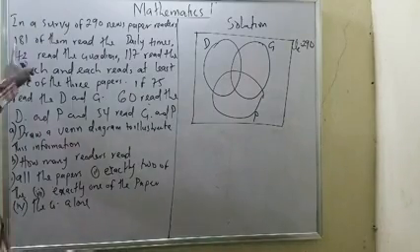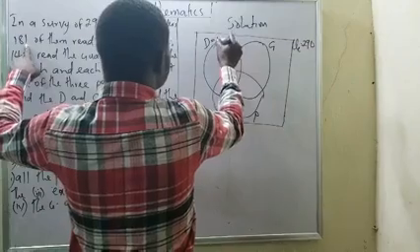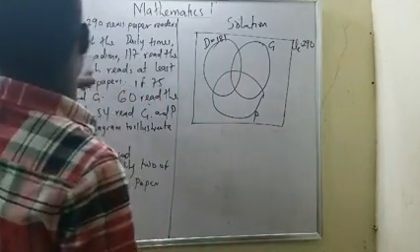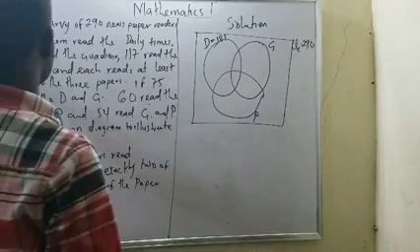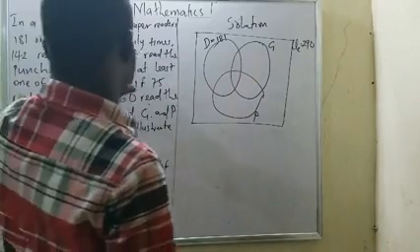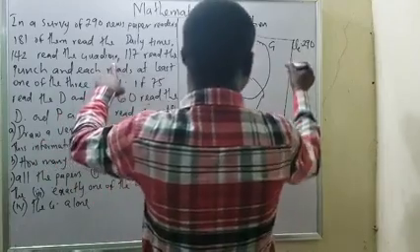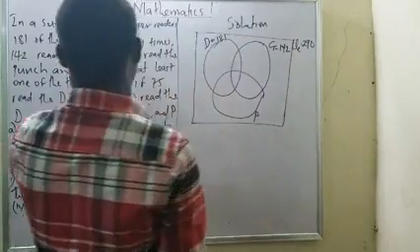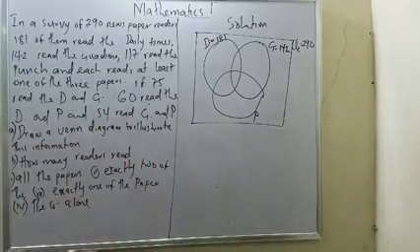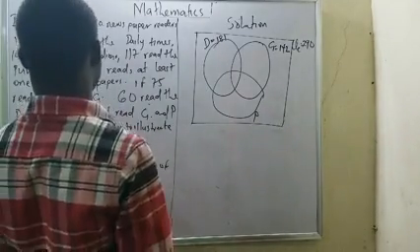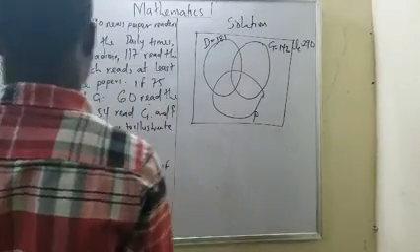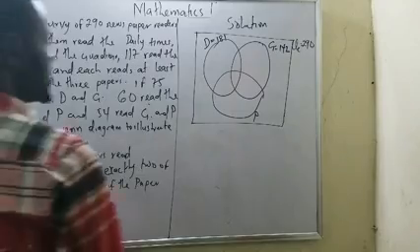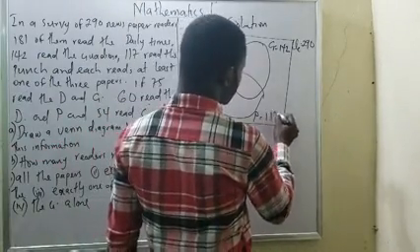181 read the Daily Times. 142 read the Guardian, so this one will be 142. 117 read the Punch, it means this is 117.